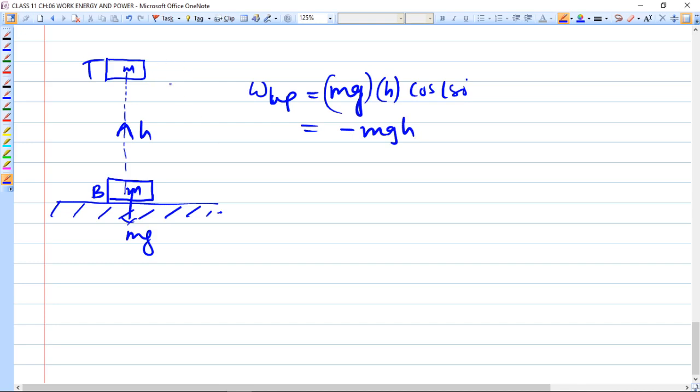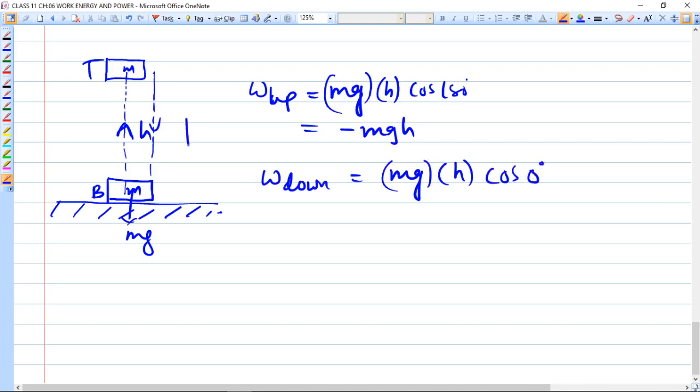Now again, let us think that this block comes down. So work done in downward motion is equal to force into displacement into cos 0 degrees. Why 0 degrees? Because displacement is in the downward direction as well as mg is also in the downward direction. So what is the answer? mgh.